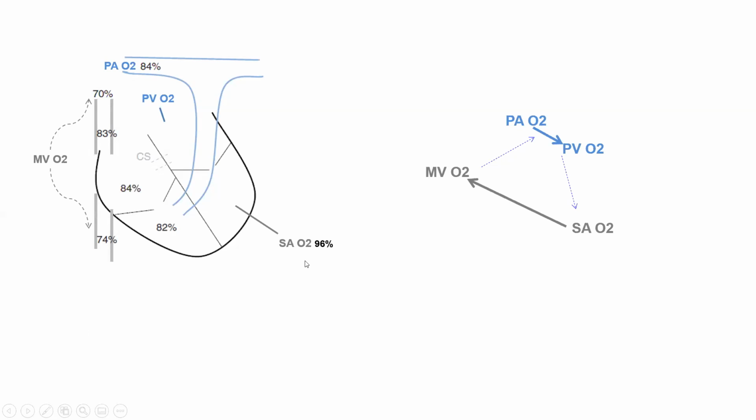You always take that number, the arterial sat, minus the lower number before the shunt. So 96 minus 70 divided by 96 minus 84. So you can do the math as you're doing the case. Or in other terms, if somebody has 100%, it's 100 minus 70 divided by 100 minus 84. Very quick calculation, okay?